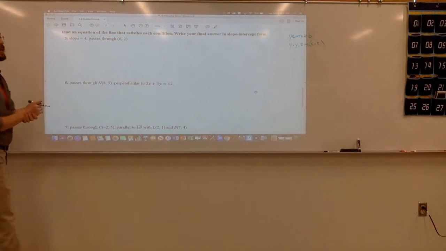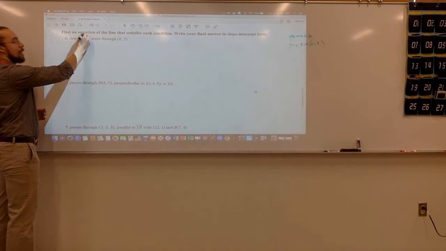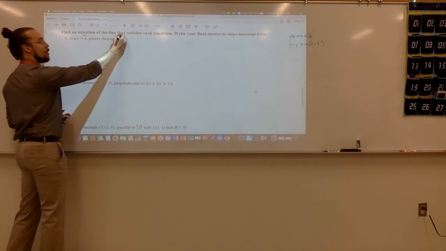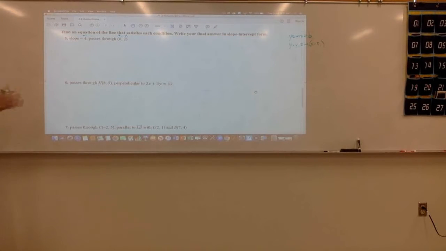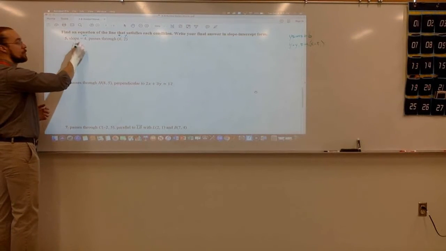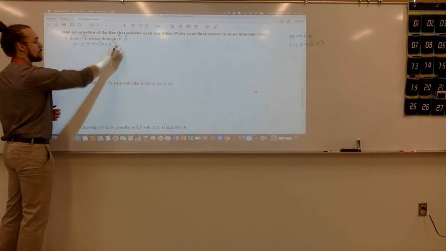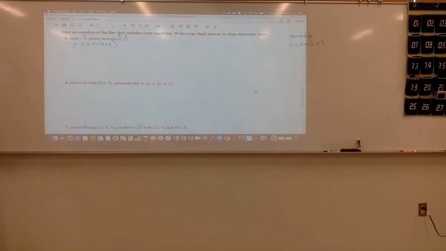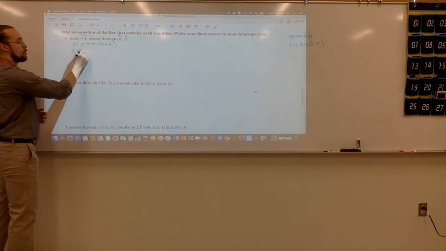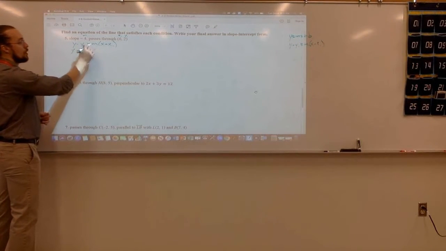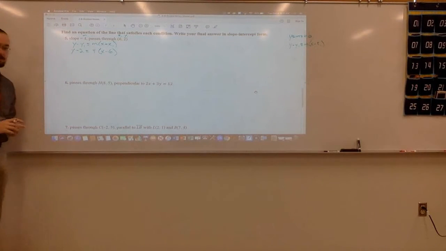To do that, the slope is our m value, and then our point is x1, y1. So I'm just going to plug those three values into y minus y1 equals m times x minus x1. So I'll have y minus 2 equals 4 times x minus 6.